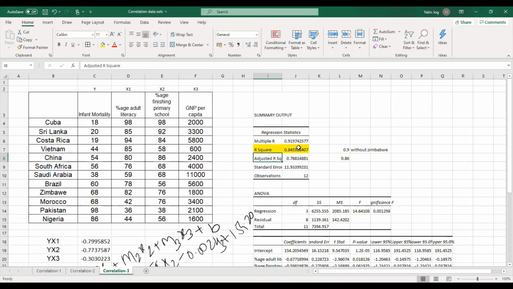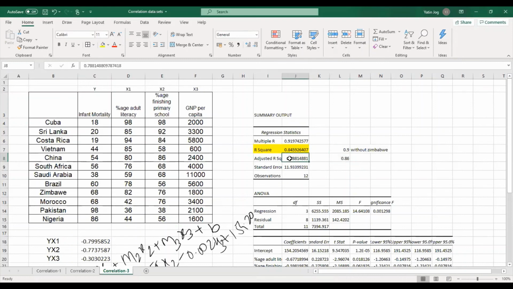Now look at the previous values. The previous R square was 0.84 and the adjusted R square was 0.78. The difference is 0.06. In the new values, the difference is 0.04. So the difference between R square and adjusted R square is getting reduced without the Zimbabwe data set.